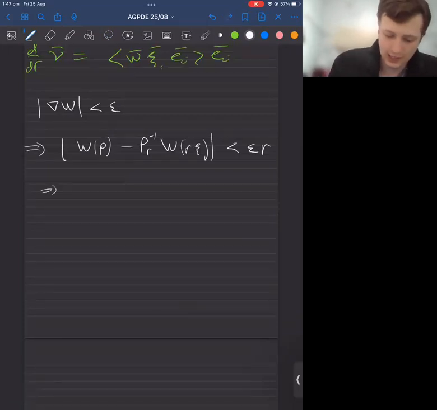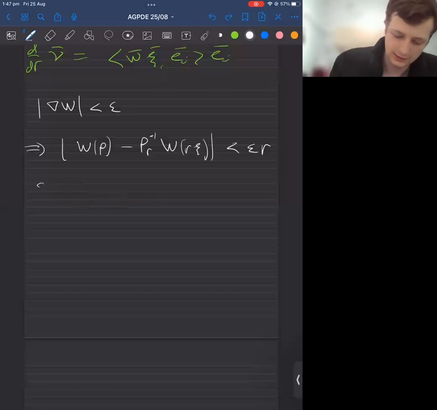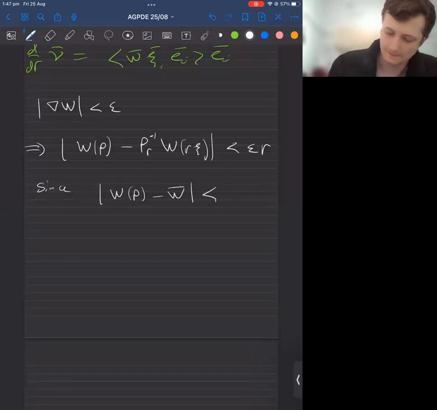Moreover, this is going to imply that I get a similar bound. Since if I evaluate at P, this is also less than epsilon.